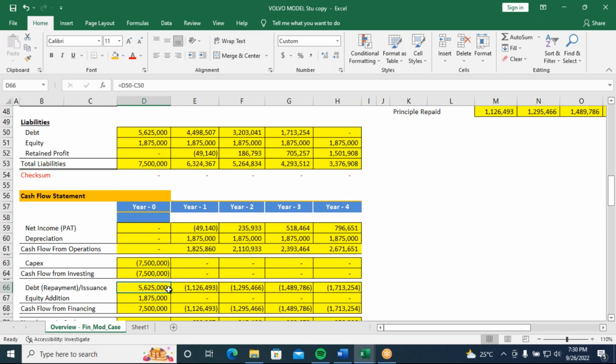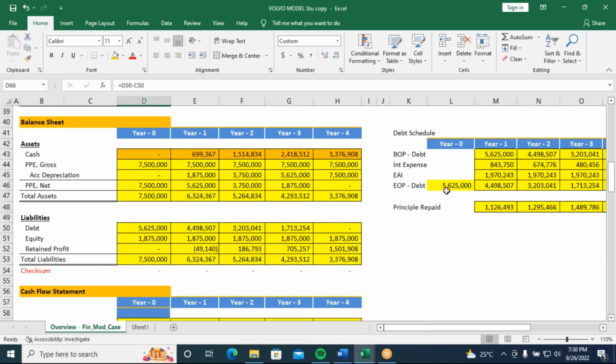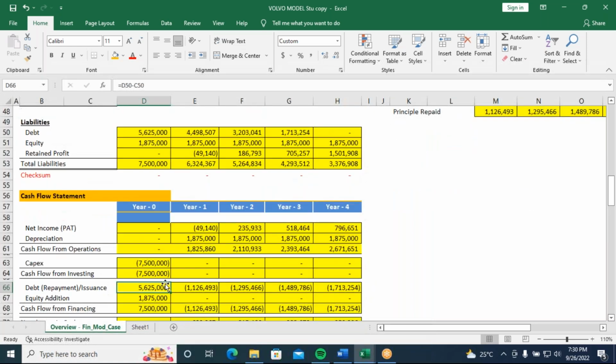So here I'll just click, select and drag. When you see the debt amount, it is 56 lakh 25,000. So this is the debt amount I have. Year on year, how much am I going to pay?